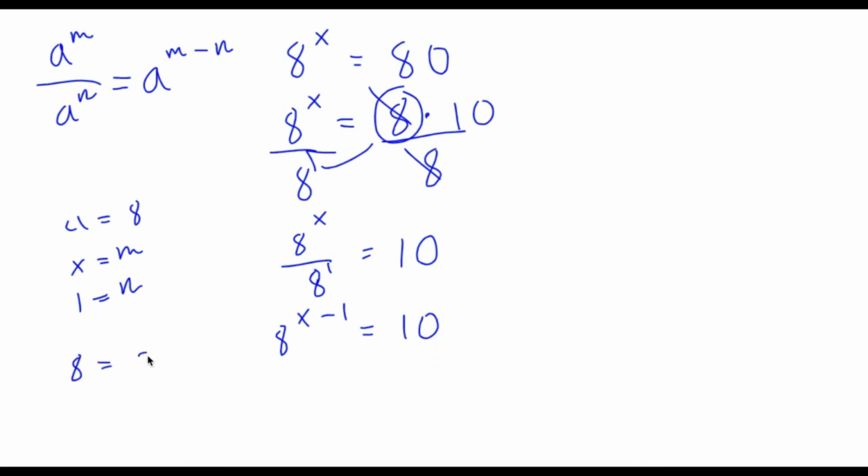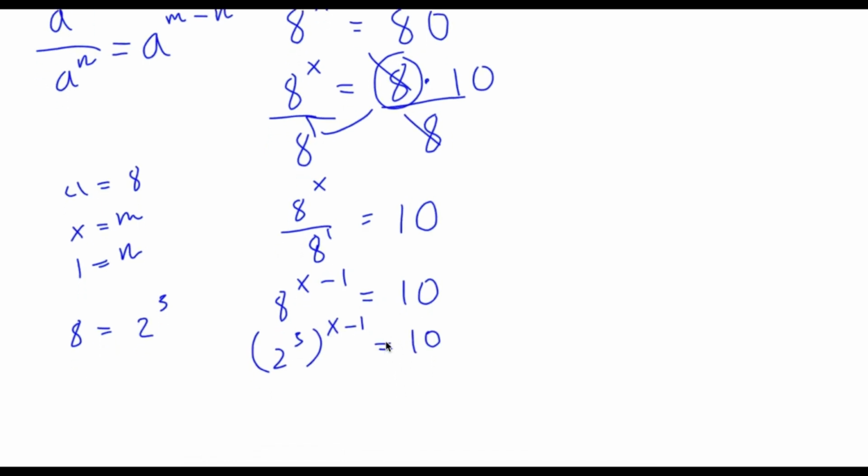Now 8 here is the same thing as 2 to the power of 3, right? So I'm going to rewrite 8 to the power of x minus 1 as 2 to the power of 3, to the power of x minus 1, is equal to 10.